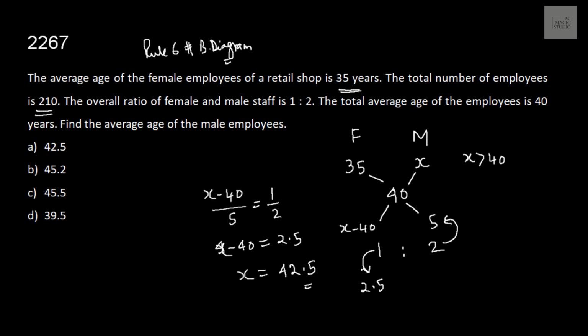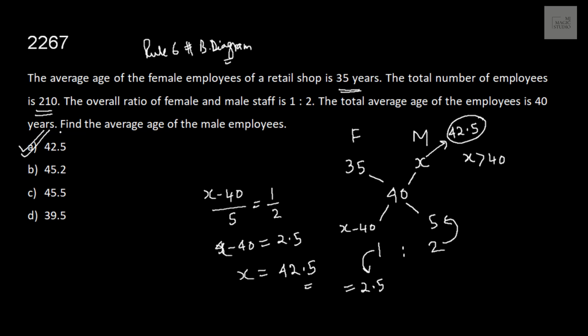If 2 apples cost 5, then 1 apple costs 2.5. That means X minus 40 is equal to 2.5. X equals 40 plus 2.5, that is 42.5. Average of male employees is 42.5 years, and yes, we have that in option A. We can also do it by linear equation. That is fine.